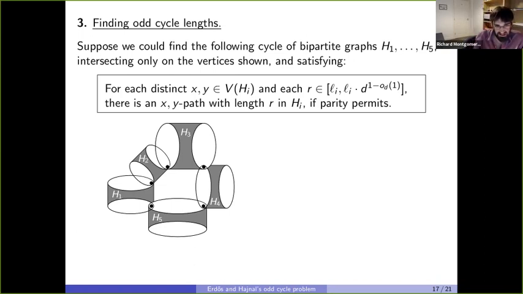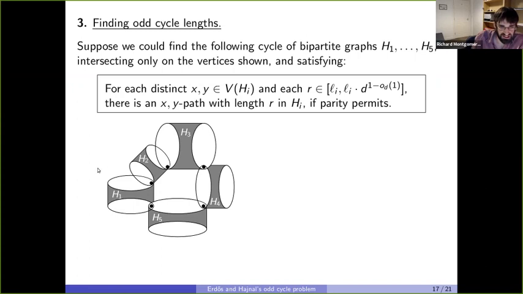So between any vertex pairs in these different graphs, H of I, I'm really good at finding different length paths. And as I've drawn it, you'll observe that if I find any path that goes around this cycle within the subgraphs and comes back to the start, sort of with winding number 1, then it's going to be an odd cycle.